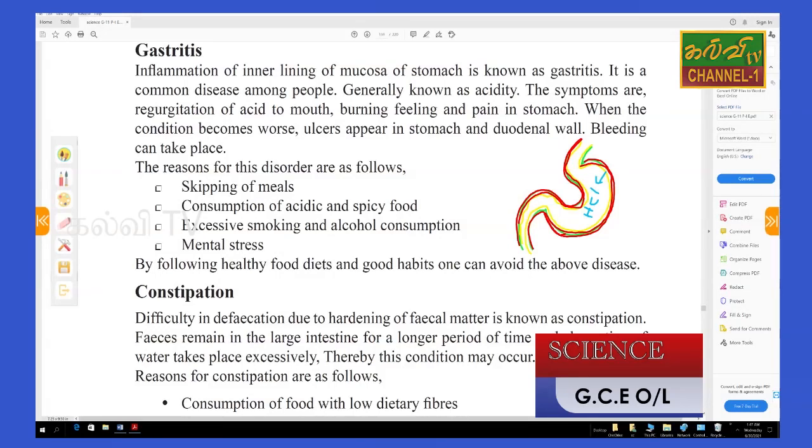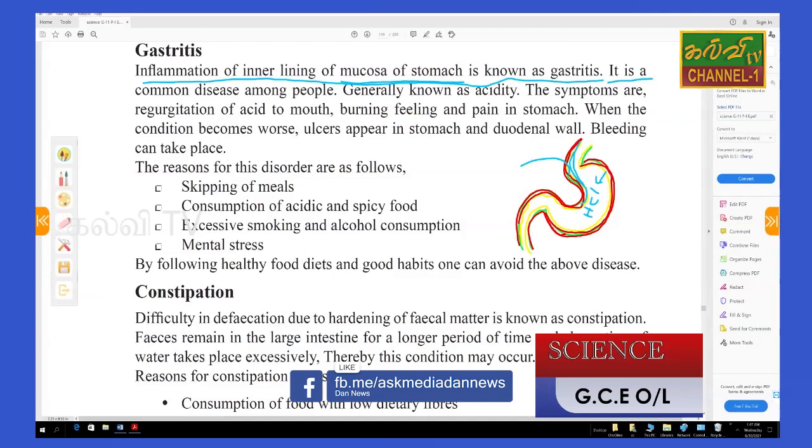The mucosa, the light green color I have mentioned here, is the mucosa of the stomach. The inflammation of the inner lining of the mucosa of the stomach is known as gastritis, right? Inflammation, sometimes a wound, sometimes scratching or something. It is a common disease among people.